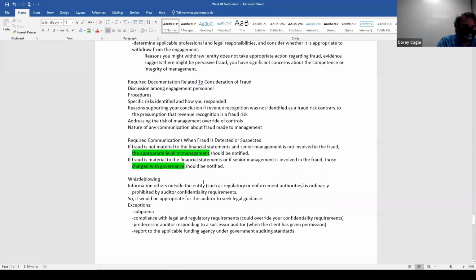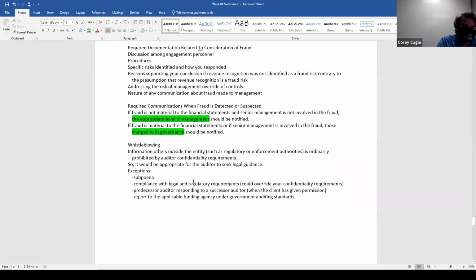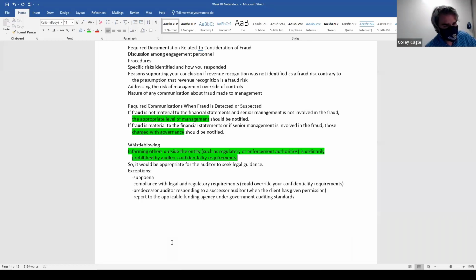And here's the thing about whistleblowing. Informing others outside the entity is usually not appropriate. But we always want to seek legal guidance. You know, what are my responsibilities here? But there are exceptions, areas where you could go outside of the company with this information.